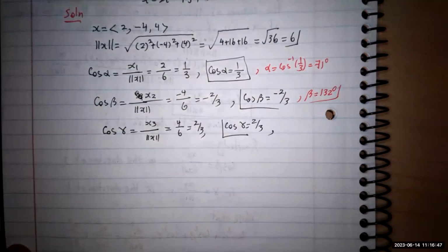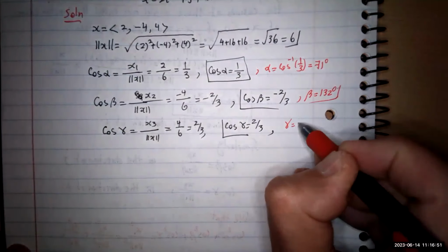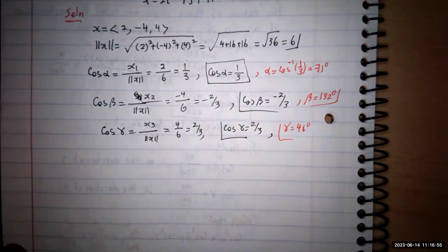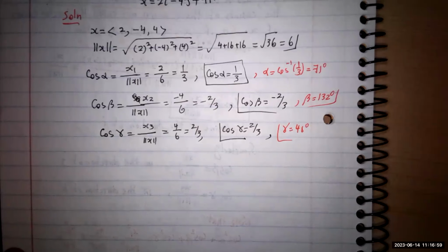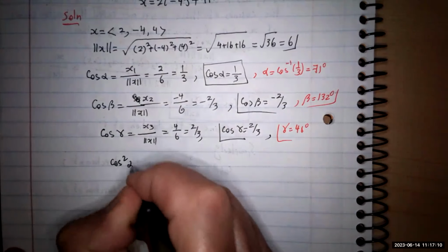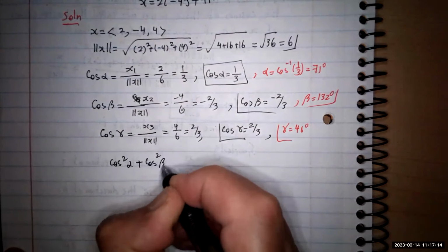But again, if you use your calculator, that's going to be 48 degrees. Okay, you can confirm by taking the sum of the squares to check that it is equal to 1. So cosine squared of... you don't have to, but sometimes they ask for it, or you can do it to make sure you get it right.